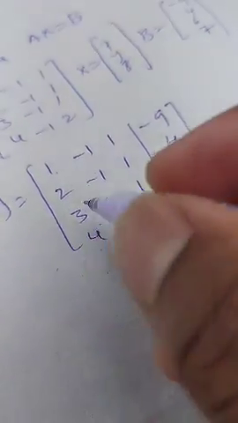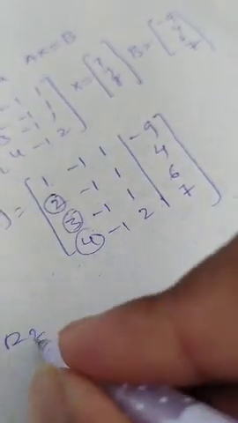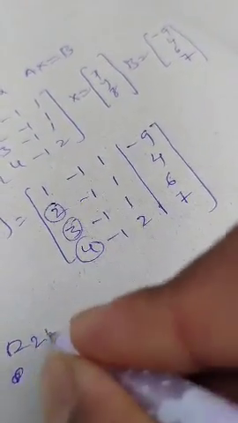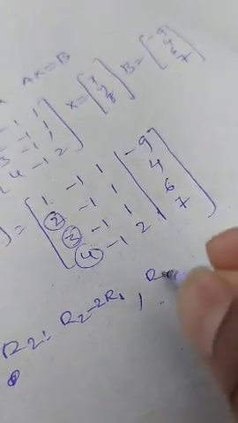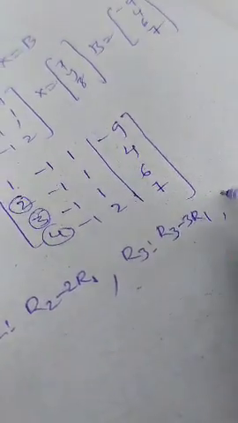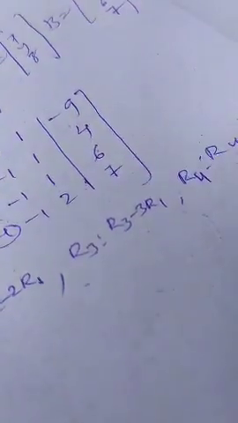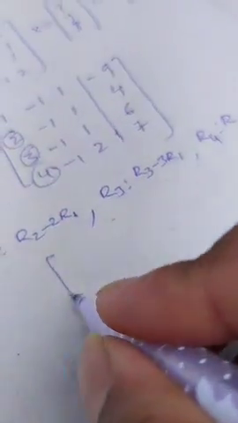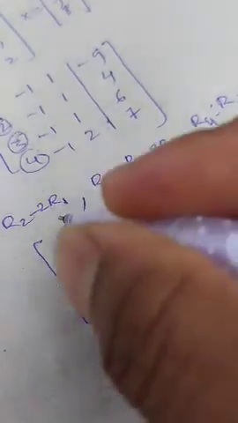Now apply row operations to make these three elements 0. So R2 minus 2R1, R3 minus 3R1, R4 minus 4R1. Okay, so the first row is as it is: 1 minus 1 1, minus 9.